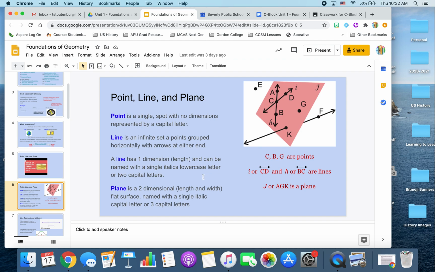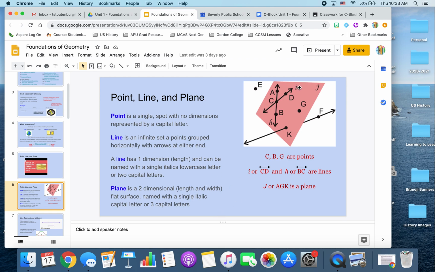And we name or label a line using 2 capital letters. So in this case, this line here, I could name AB, or I could name it AC, or I could name it BC, because those are 2 points on the line. Or if you notice, we have this lowercase italic H, so I could call it line H as well.